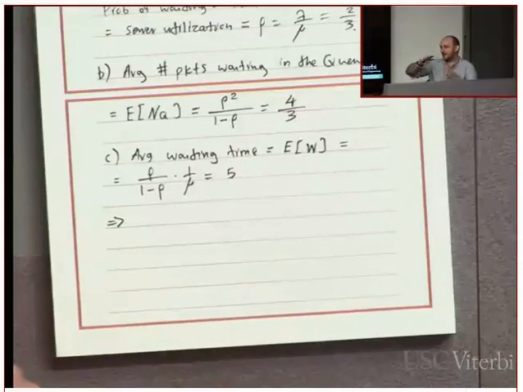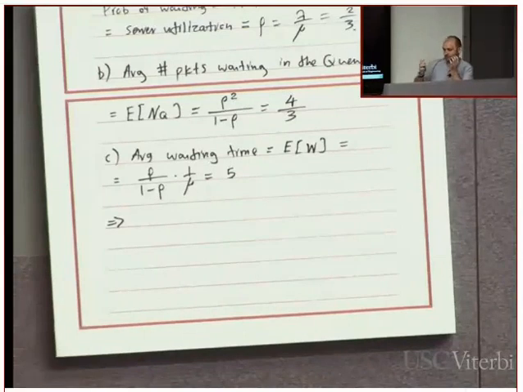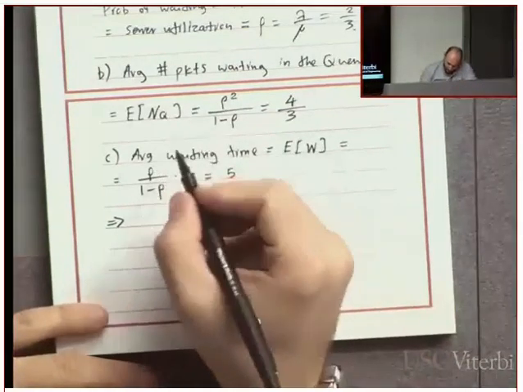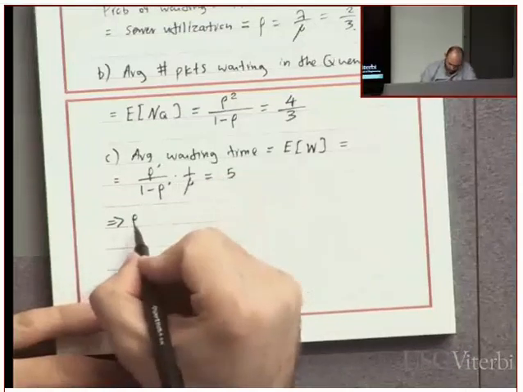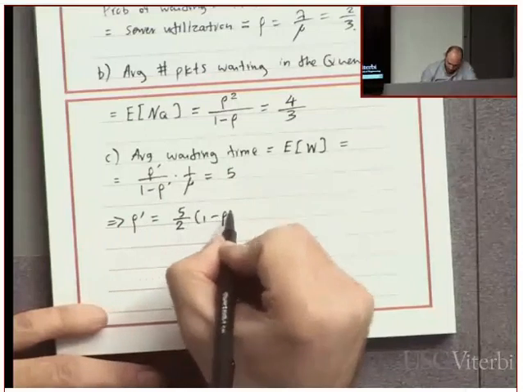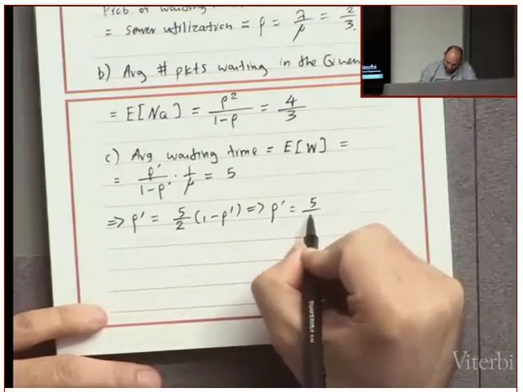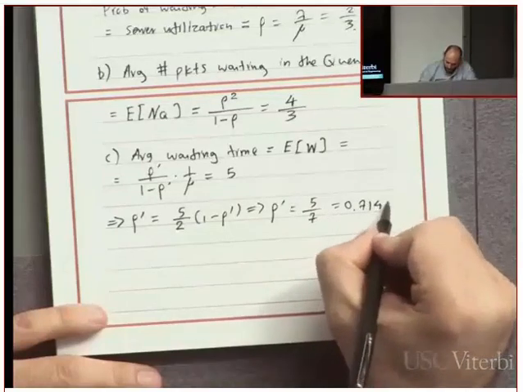As I said, lambda is a new lambda now, a lambda prime. So our rho is a new rho as well. It's not the previous one. Maybe I should represent it as rho prime here. So rho prime is equal to 5 over 2, 1 minus rho prime, which gives rho prime equal to 5 over 7, equals 0.7143.